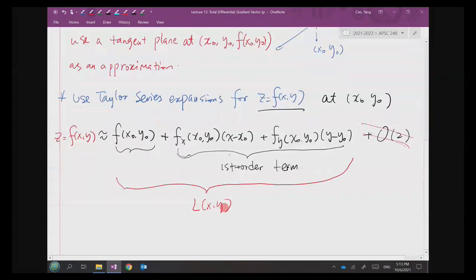Let's call it function L, so L of x, y. Basically we define ourselves a new function. Instead of calling it z, we call it L just to differentiate. So L of x, y equal to this. Let's just write it over here.